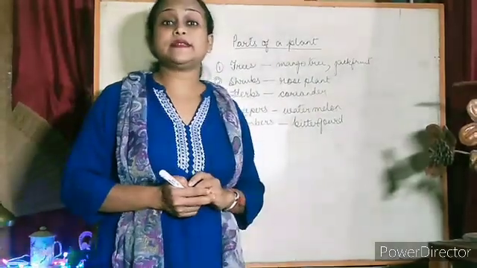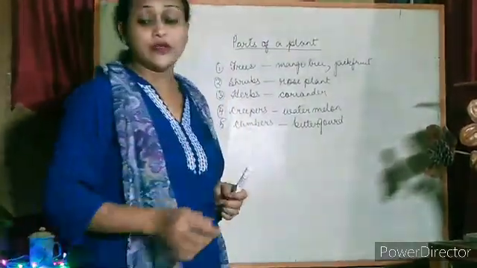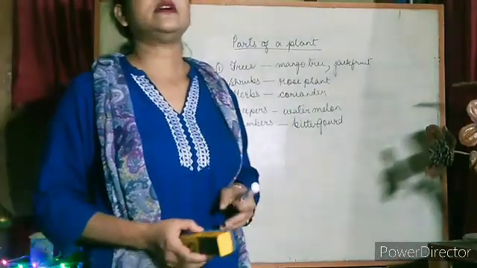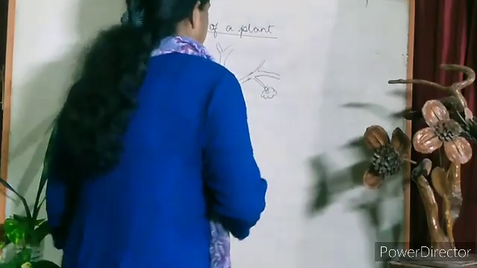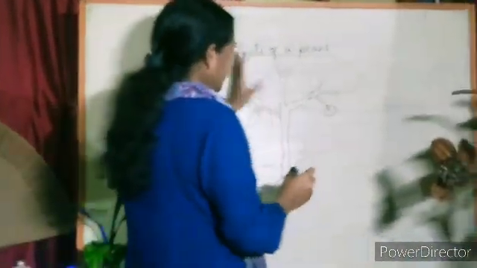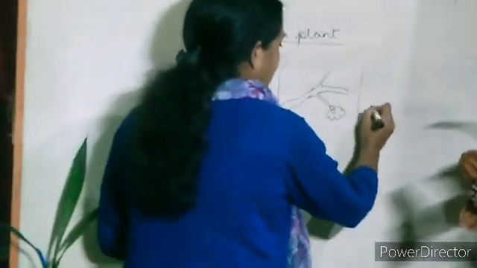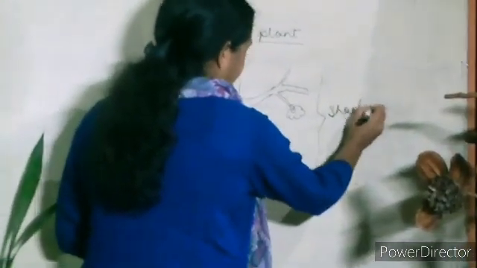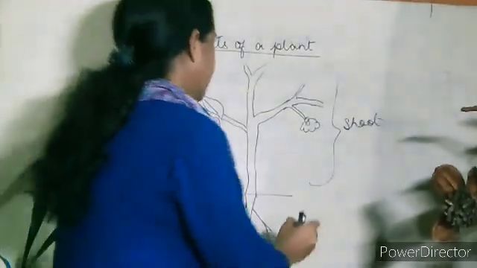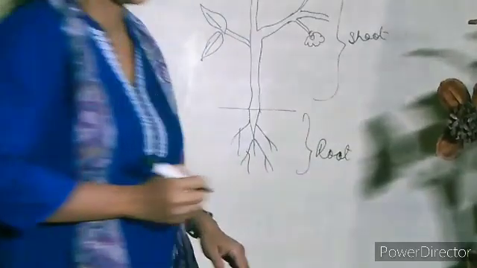Before going on to the different functions, we will first discuss the parts of a plant. Here is just a rough sketch of the parts of a plant. The part which grows above the ground is called the shoot, and the part which grows below the ground is called the root.